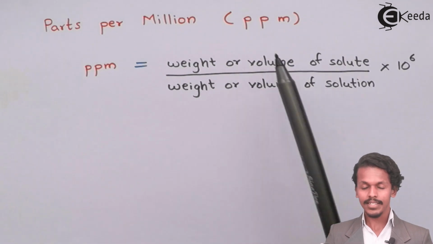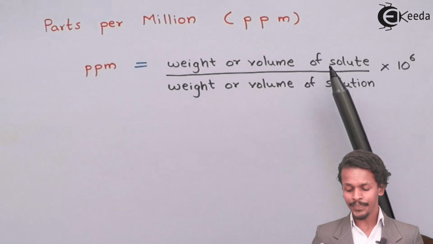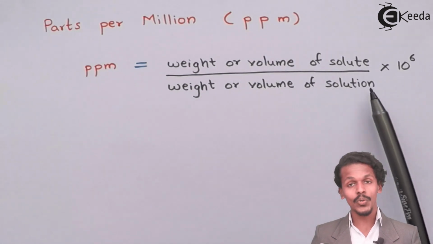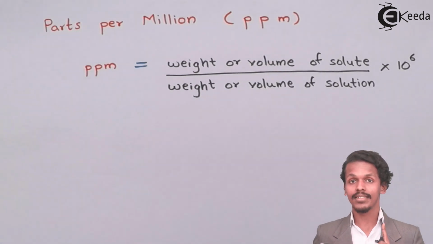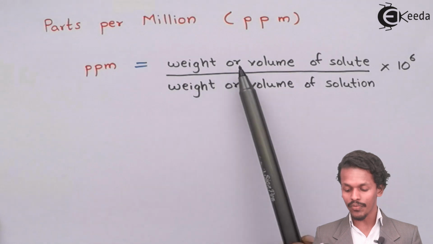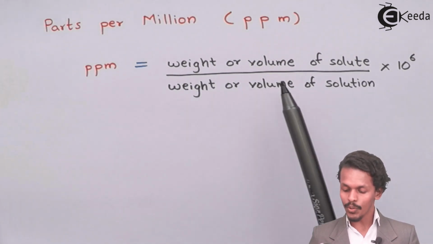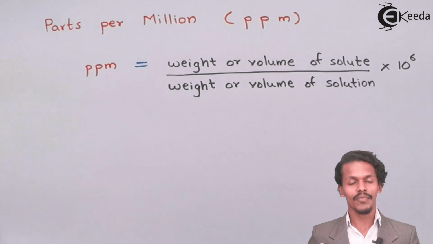Parts per million is the weight or volume of a solute dissolved in the weight or volume of a solution in 1 million. So the formula is parts per million equals weight or volume of solute dissolved in weight or volume of solution in 1 million.